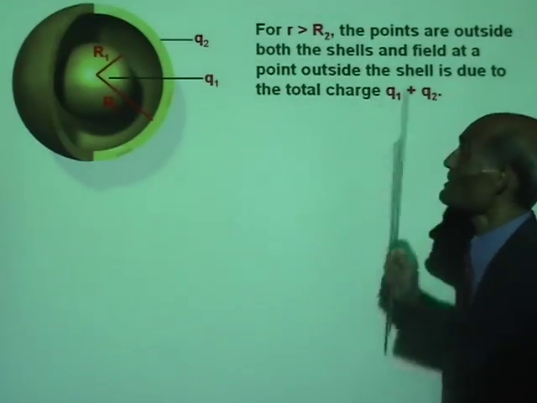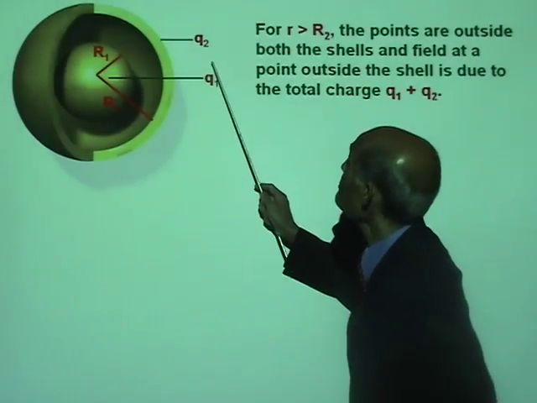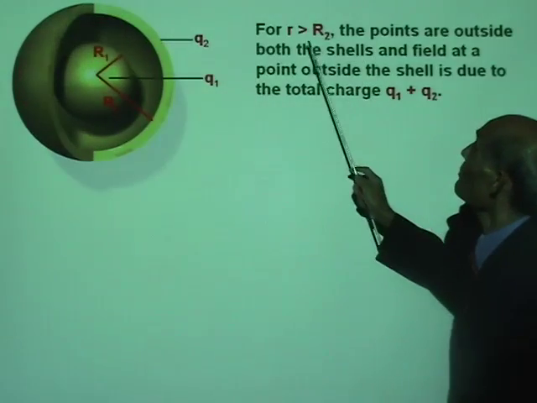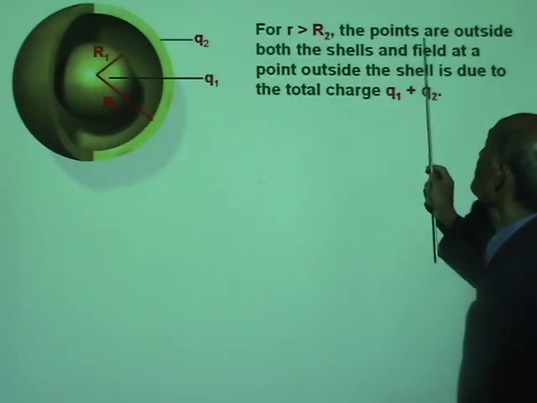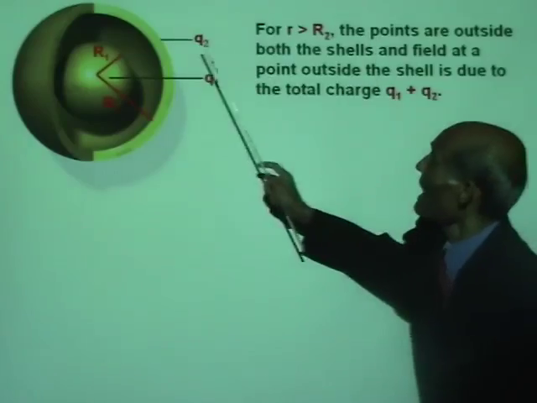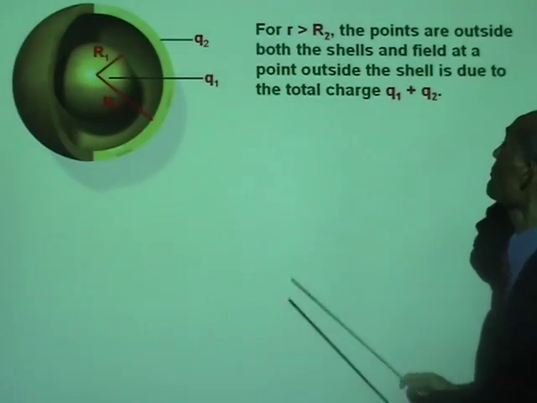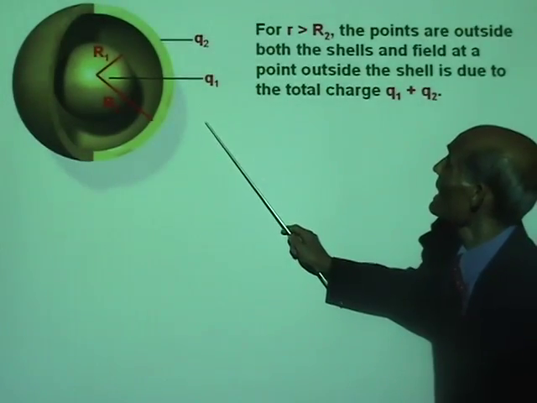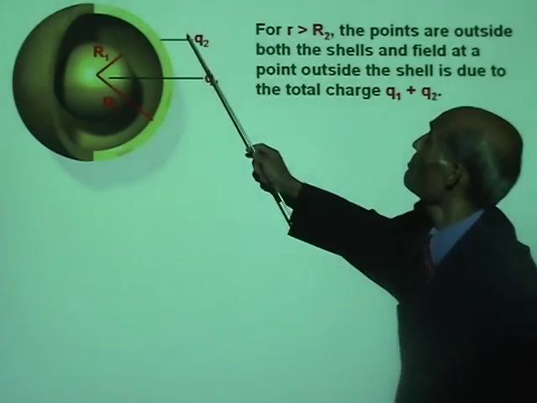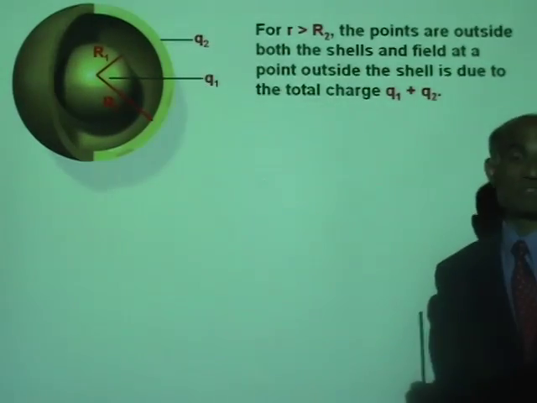For R greater than R2, a point outside both shells, is that right? The points are outside both shells, and the field at a point somewhere here is actually due to both Q1 and Q2.